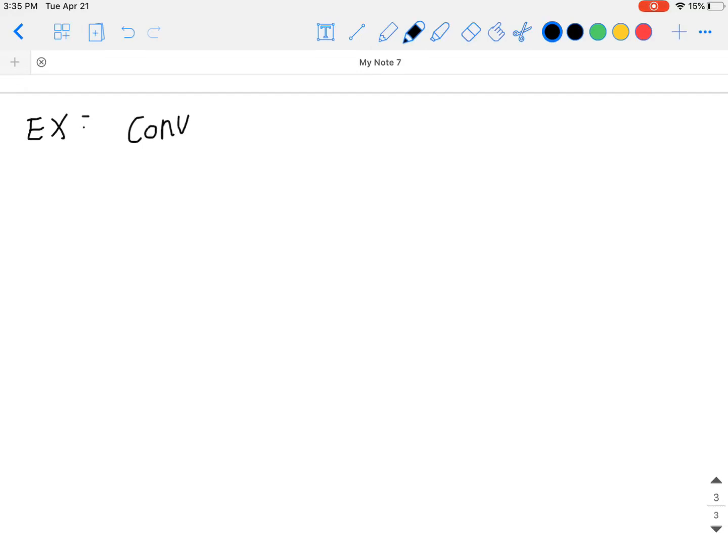At last, let's convert back from radian to degree. So we learn that given a degree, we convert to radian, and then the radian is in terms of pi. Now, if we have a radian, how do we convert?